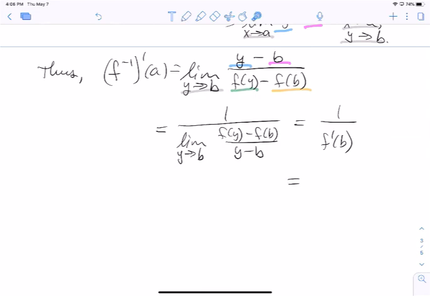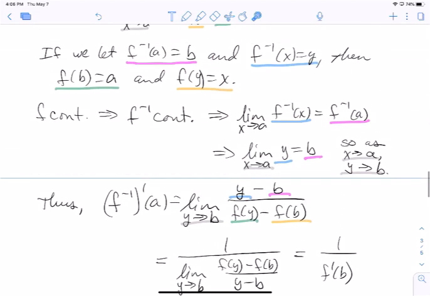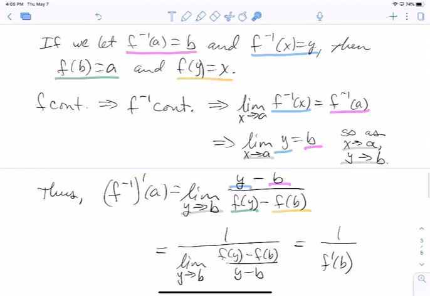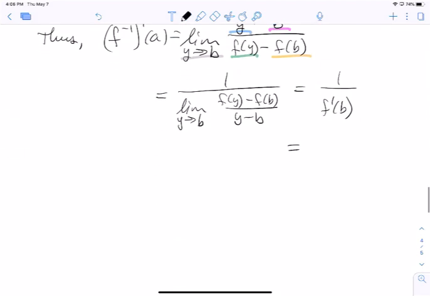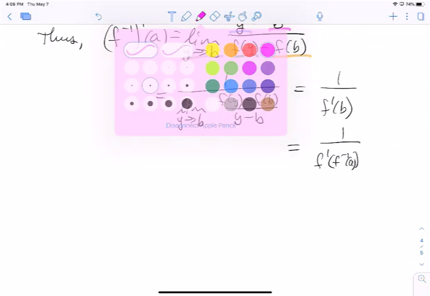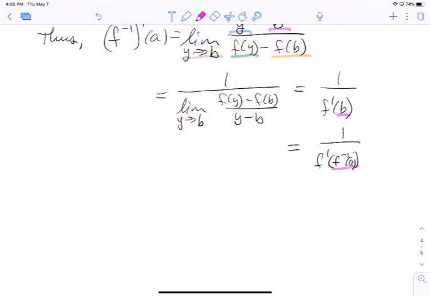If we consider now that f prime of b has b as its argument, and the fact that b is f inverse of a, we can then rewrite this as 1 over f prime of f inverse of a, simply by replacing b with what we had already said, f inverse of a.